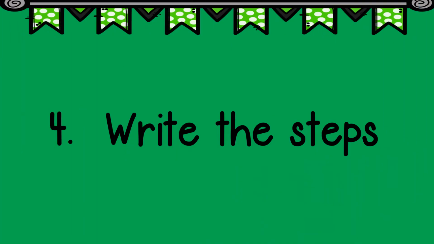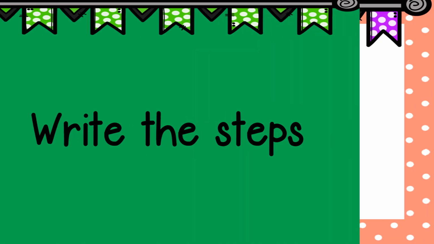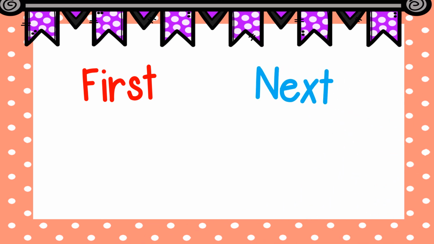Step 4 is to write the steps. So with our story, we are going to need our transitional words. On that first page, I would say, first, get the cracker. And then our next page is going to have next. Next, get the marshmallow.